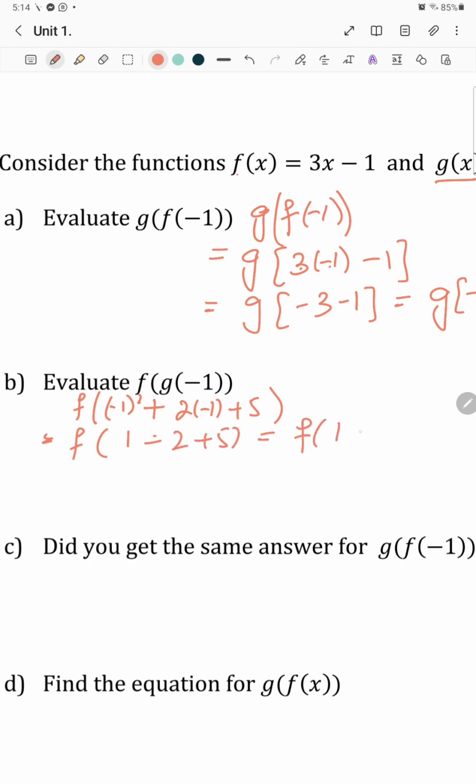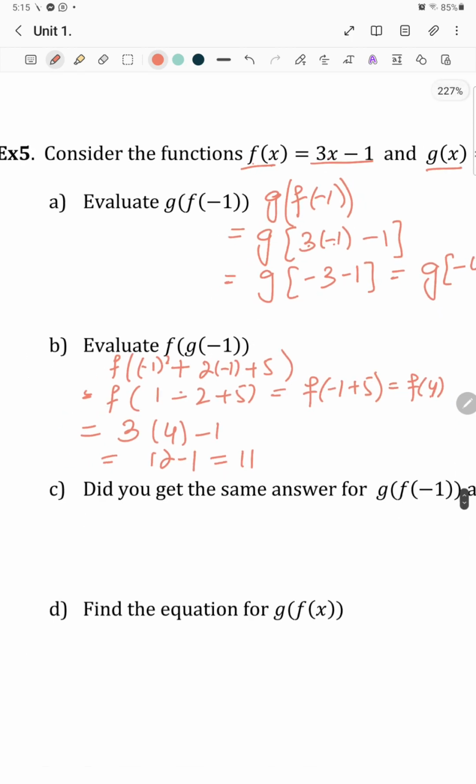F of 1 minus 2 minus 1 plus 5. F of 4. Now f of 4 would be equal to 3 into 4, because we need to put 4 in the function f of x. So f of x is 3x minus 1. So we will put 4 over here. 3 into 4 minus 1, which will be equal to 12 minus 1, 11.